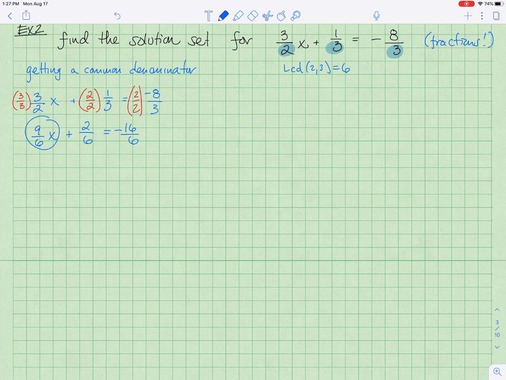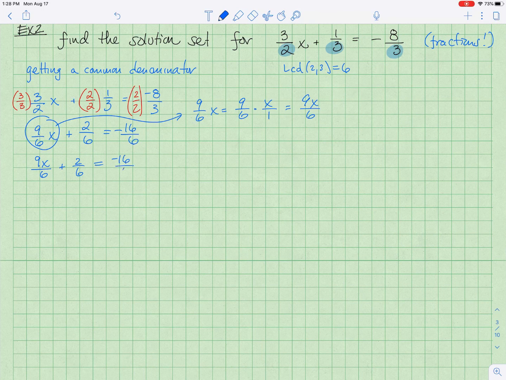Also, for those of you that don't recall, this 9/6 x can also be rewritten as 9x over 6, because 9 over 6 times x is 9 over 6 times x over 1, which is 9x over 6. So that's the form that we're going to use.